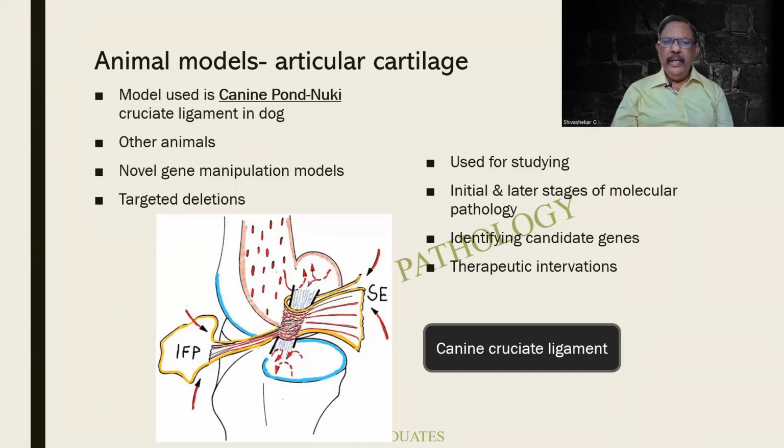These are not very important, but we will have to make a mention of it and bear it in mind because they are involved in the initial and the later stages of molecular pathology, one. And secondly, they can be used for targeted deletions or treatment. So probably there is a genetic background which is to be aimed at. And this incidentally is a diagram of the cruciate ligament in the canine.